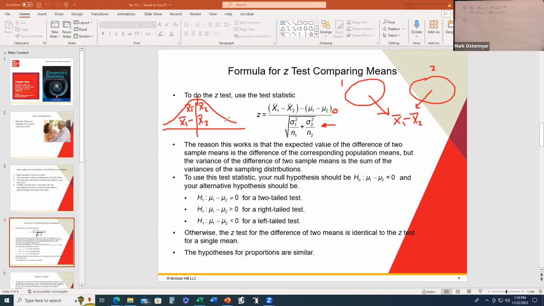But if you were to build a histogram of all these different differences between the sample means of 2 samples chosen from each respective population, these differences in these sample means would be approximately normally distributed. Okay. And that is guaranteed by that central limit theorem there. All right. And this would be the standard deviation of that sampling distribution.